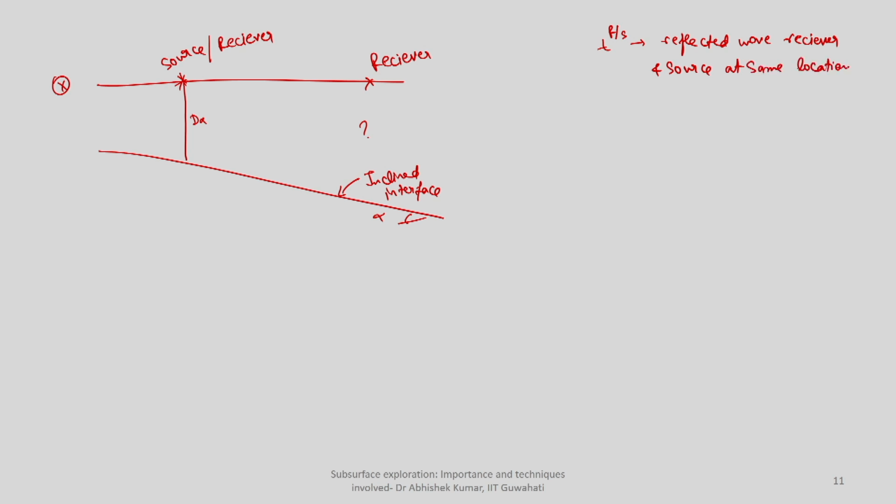If you know this, you will be able to determine what will be the value of d alpha, that is equals to TRS divided by 2 times Vp1.